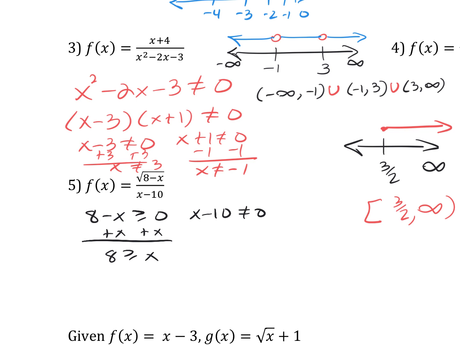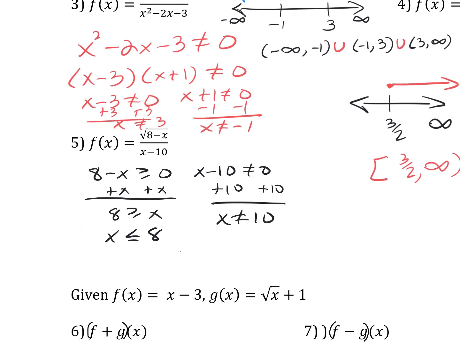Now, I like to think of this as like a Pac-Man or an alligator. So I'm going to flip it around. So this is really saying x is less than or equal to 8. And then here, add the 10. x cannot equal positive 10. So if I add this to my number line, I have 0, then 8, then 10.